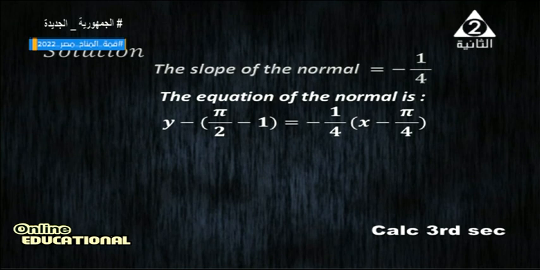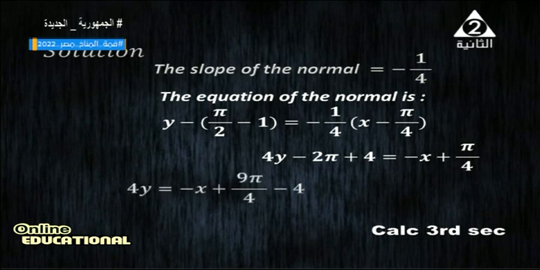Multiply both sides by 4, then 4y minus 2 pi plus 1 times 4 equals 4 equals negative x plus pi over 4. Then 4y equals negative x plus pi over 4 plus 2 pi minus 4. Pi over 4 plus 2 pi equals 9 pi over 4.